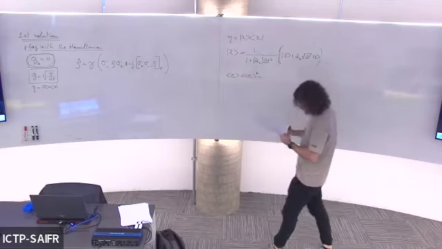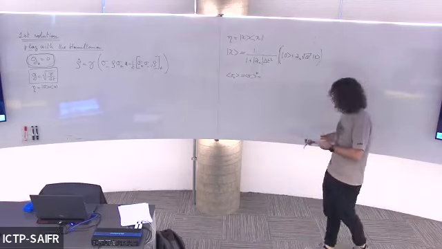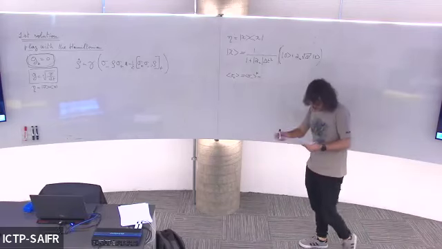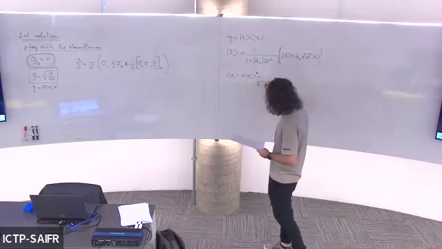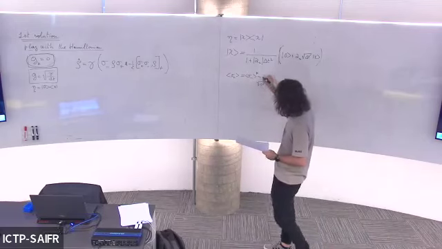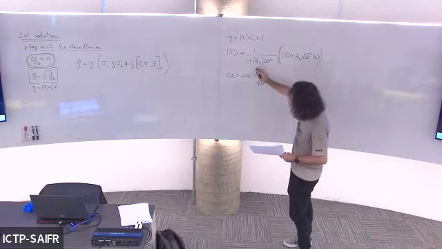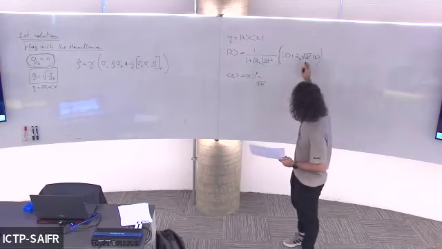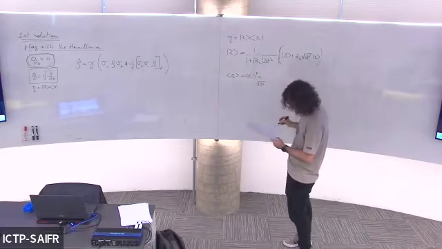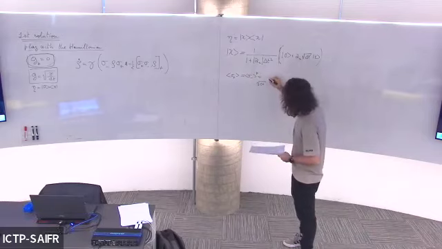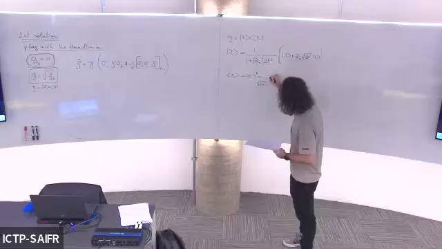Now this is a very simple computation. We just need to pay attention to keep only the order square root of delta t. So we have to compute this and keep only the order square root of delta t. If you do that, you see that they both go like alpha n star square root of delta t.